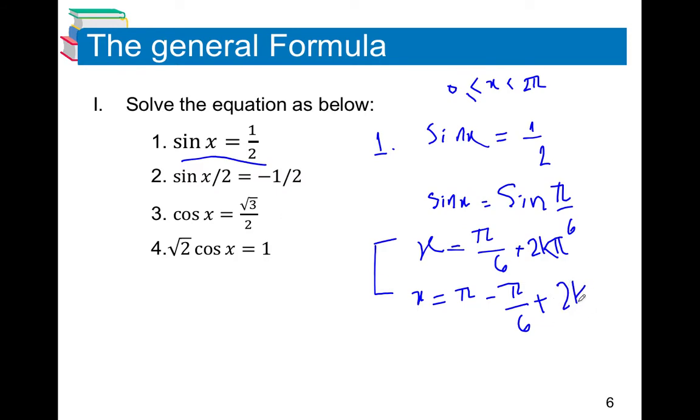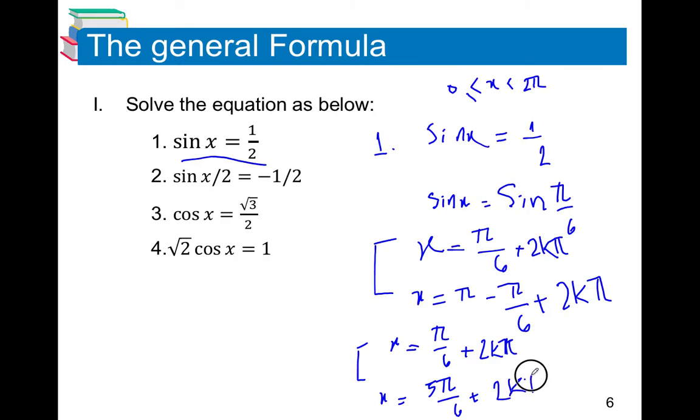This is the answer, but we need to separate it. For answer number 1 we can write x equals pi over 6 plus 2k pi, okay? And then another answer: 6 multiplied by pi, 6 pi minus pi equals 5 pi, so 5 pi over 6, plus 2k pi.